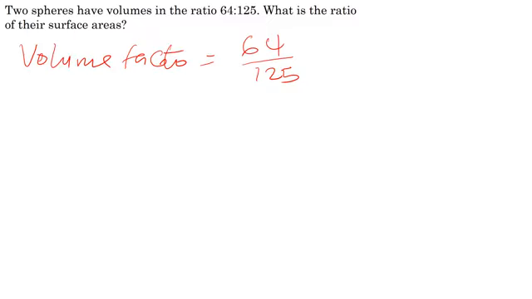For us to find the area, you need to bear in mind that there are surface areas, but our ratio is between scale factor and volume, which means we have to first of all find the lengths, the sides. After finding the sides, then we'll find the scale factor. After finding the scale factor, we can relate that scale factor to the area factor. So we'll be able to find the ratio of the area factor, which is the ratio for their surface areas.